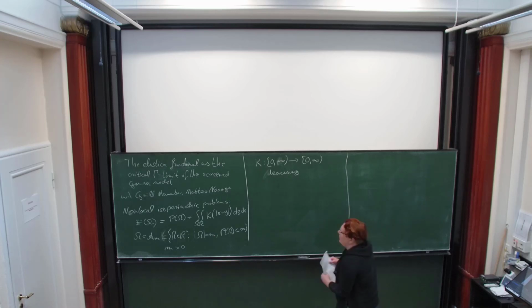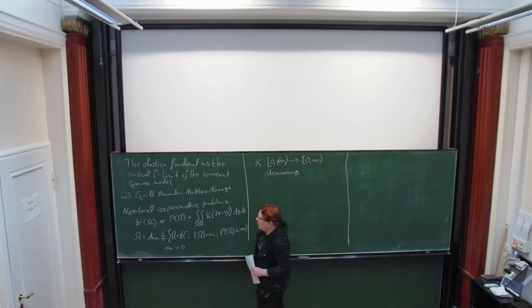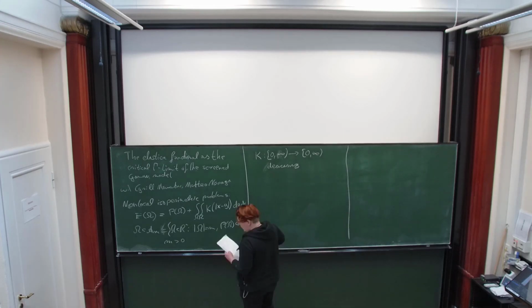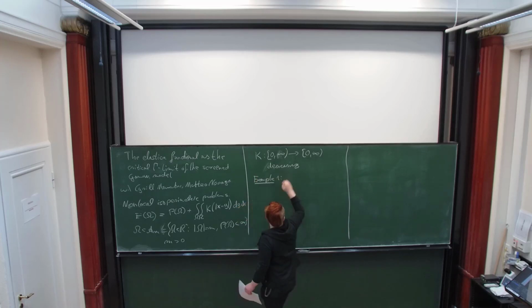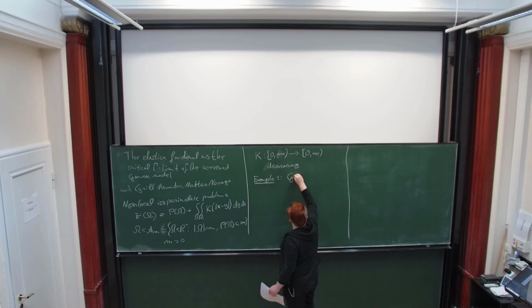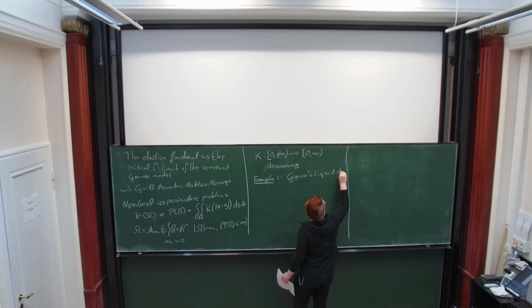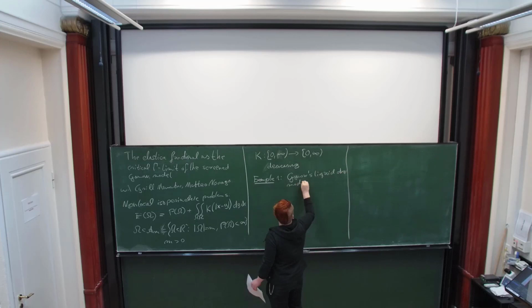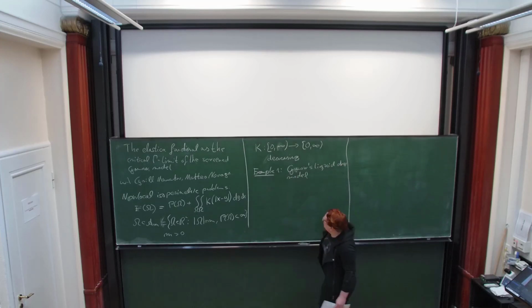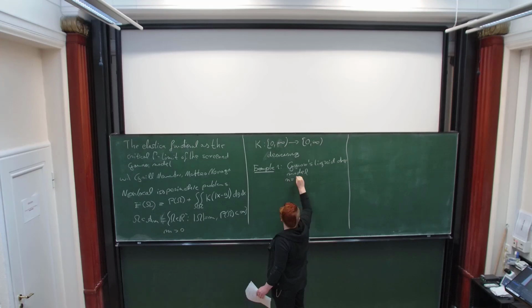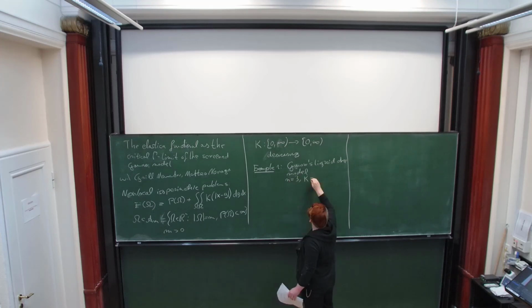Let me show you this in an example. First example, Gamow's liquid drop model. Here we take the dimension to be 3 and the kernel to be 1 over r.